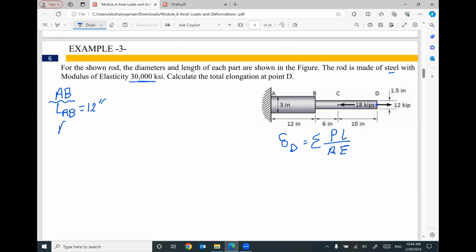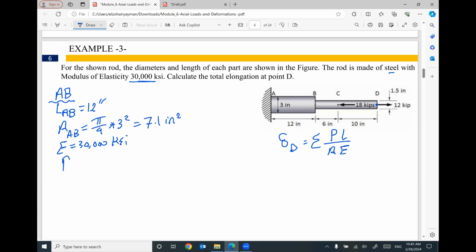What is the area of part AB? The cross-section area equals pi divided by 4 times 3 squared. This value equals 7.1 inch square. The Young's modulus of this part is 30,000 KSI.